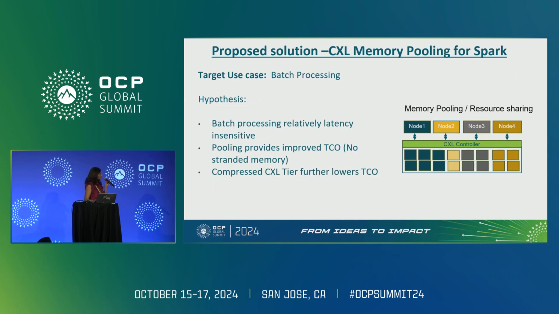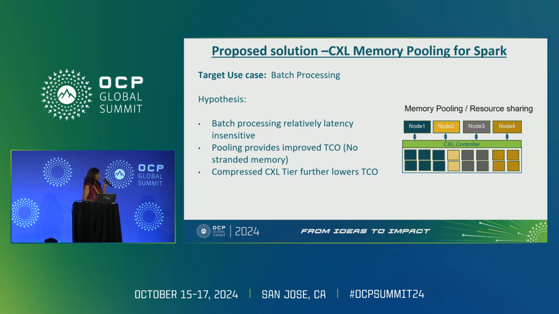The proposed solution is memory pooling for Spark in the case of batch processing, because for batch processing we are assuming that it's not so latency sensitive. So it's relatively latency insensitive versus real-time processing. When you pool memory from different nodes into a combined pool, you're minimizing memory stranding, data spill, the data transfer overhead, and the data duplication.